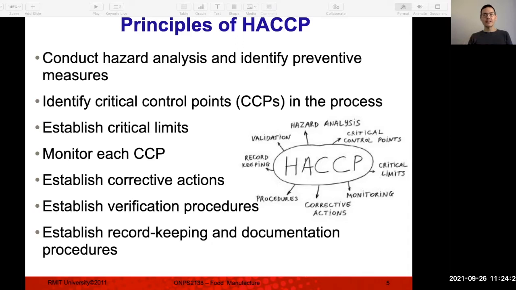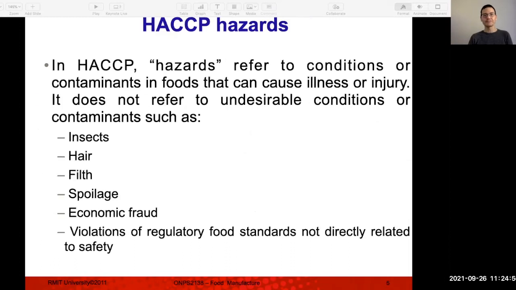Then you need to monitor each critical control point. If they exceed those critical limits, you need a plan in place for corrective actions to bring them back within the critical limit, and then a verification procedure to ensure that has happened. And then, just like all safety and quality management systems, it's important to have a procedure of record keeping and documentation.